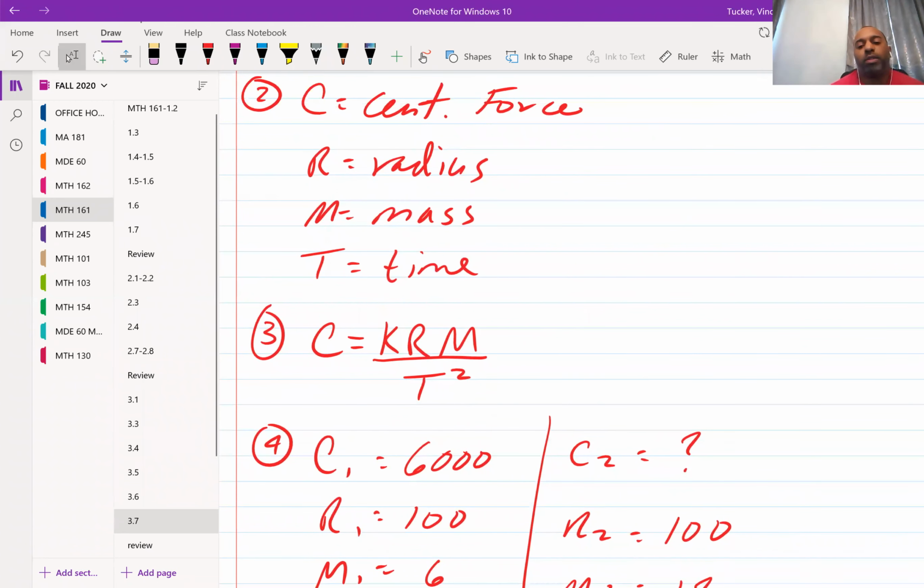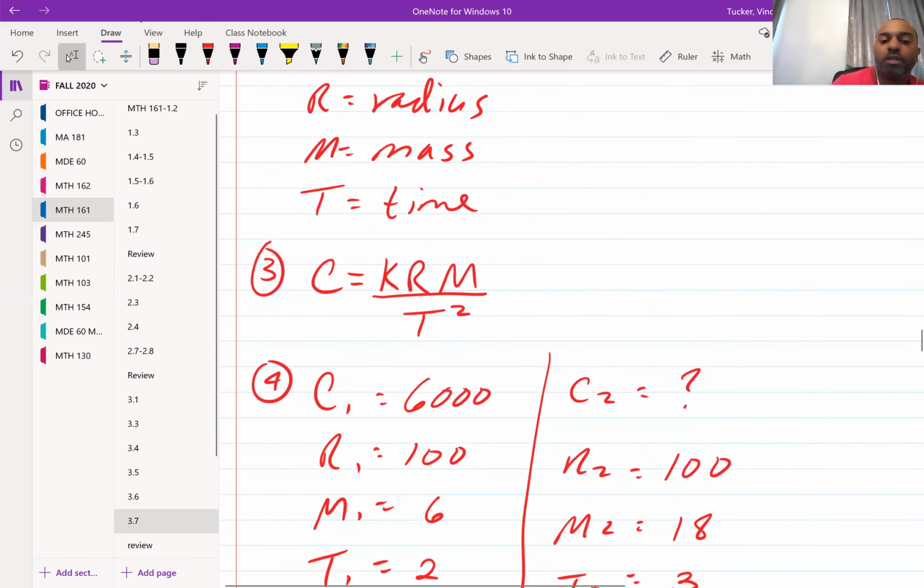Step 3 before we go to step 4. Now we're going to write down our given information.